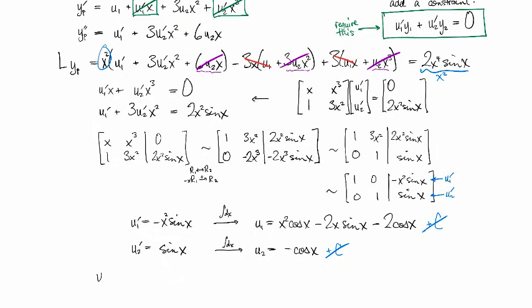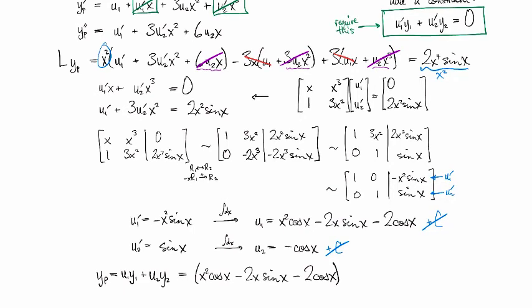Okay, so then my yp is u1 y1 plus u2 y2, which is apparently this business, copy and paste, times y1. What was y1? y1 was x. And then minus cosine x times x cubed.